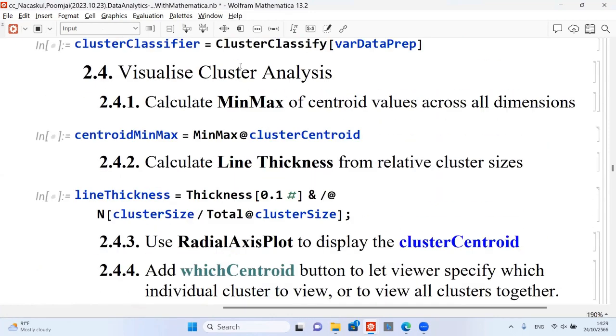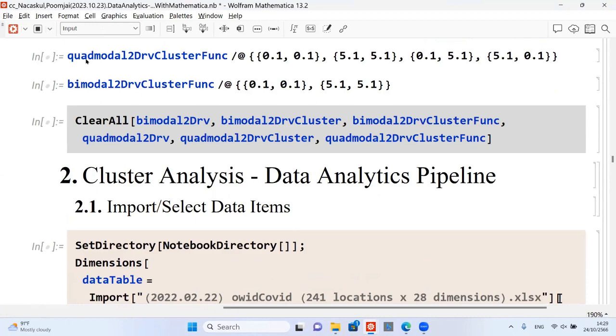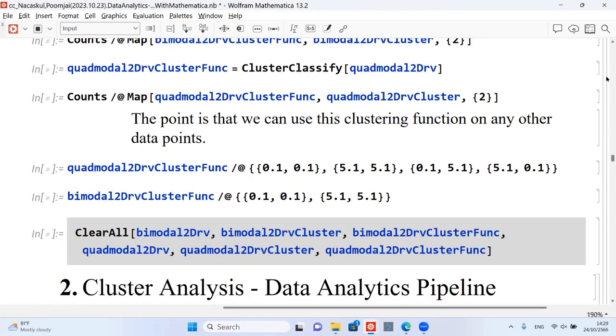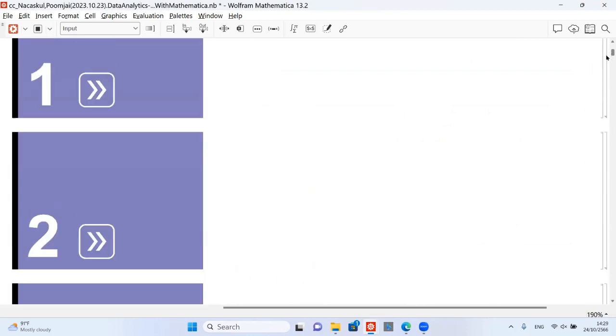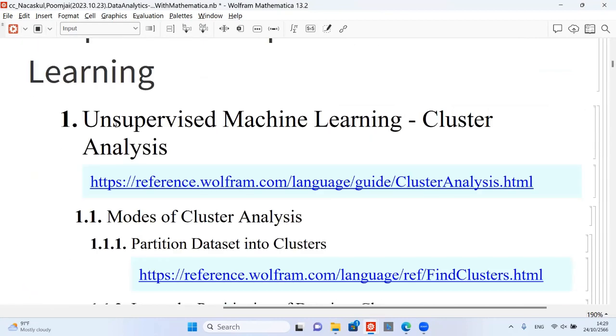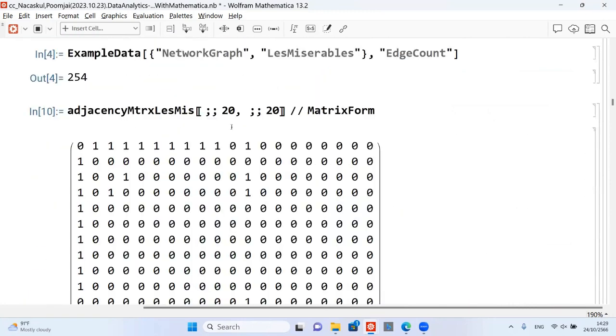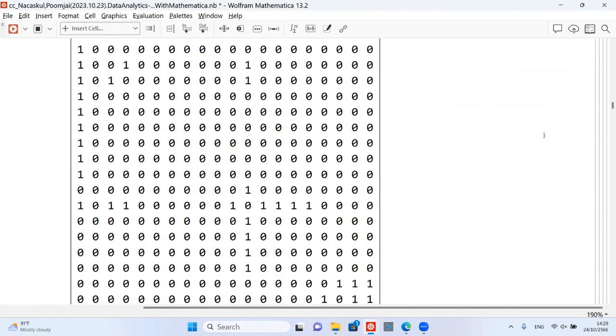Okay. Anyway, we'll come back to it. We'll find it somewhere in here.